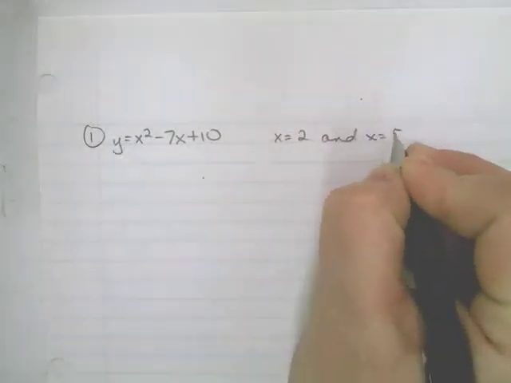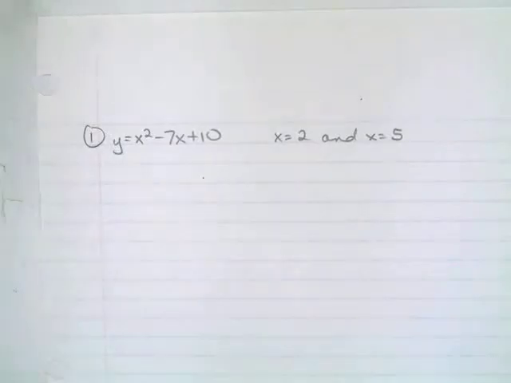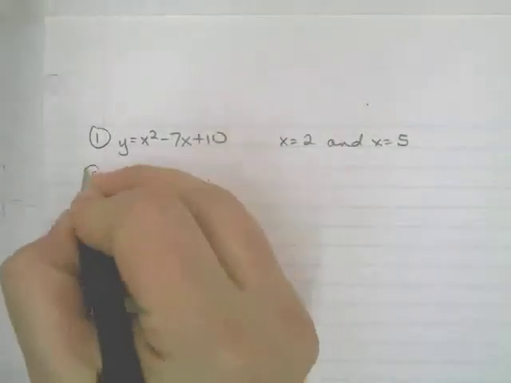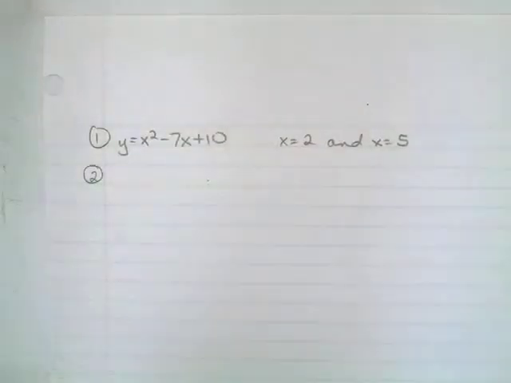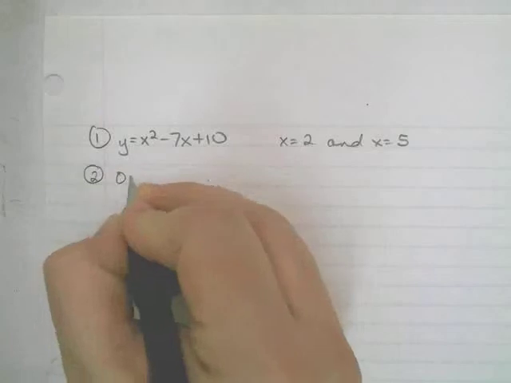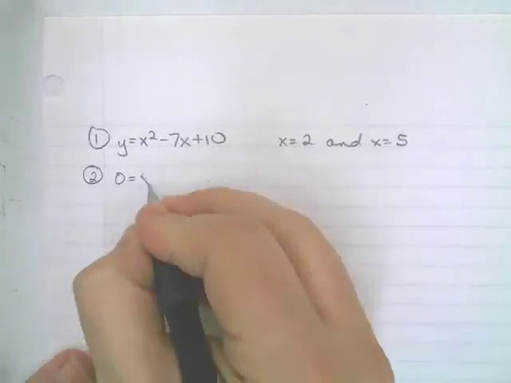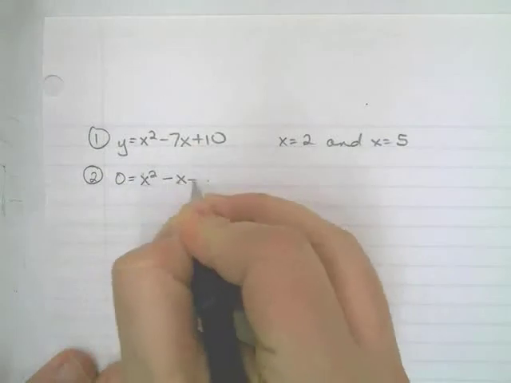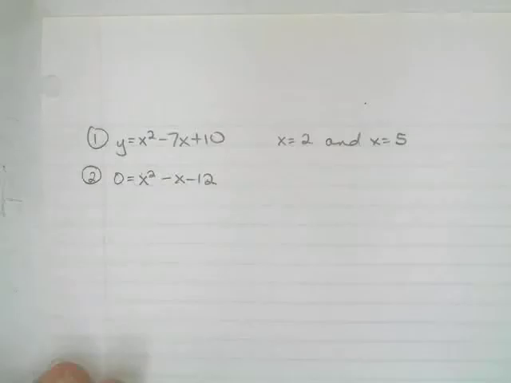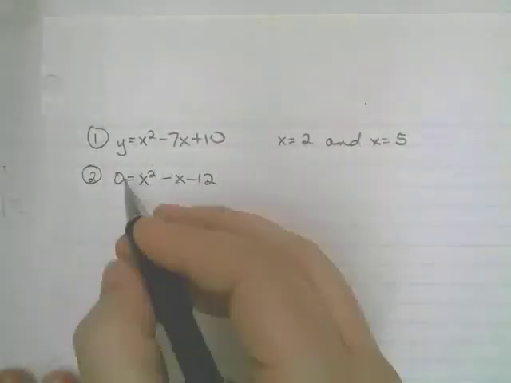Now, not all of our problems are going to look that good. Sometimes they're not going to say y equals, they're going to say 0 equals. So here's an example of this. 0 equals x squared minus x minus 12. It's the same idea. Instead of a 0, I just think that that's y.